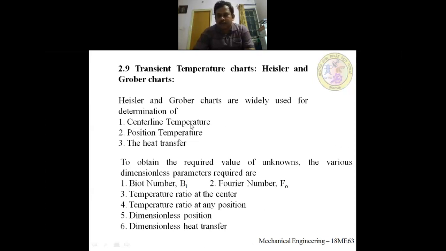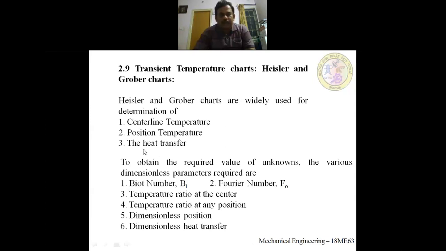If you take one geometry, for example a plane wall, there will be three charts. The first chart gives you the center line temperature, that is, at the middle, at the axis of the plane wall, or the center of the cylinder or sphere. The second chart is the position temperature, used to find the temperature at any position within the geometry.